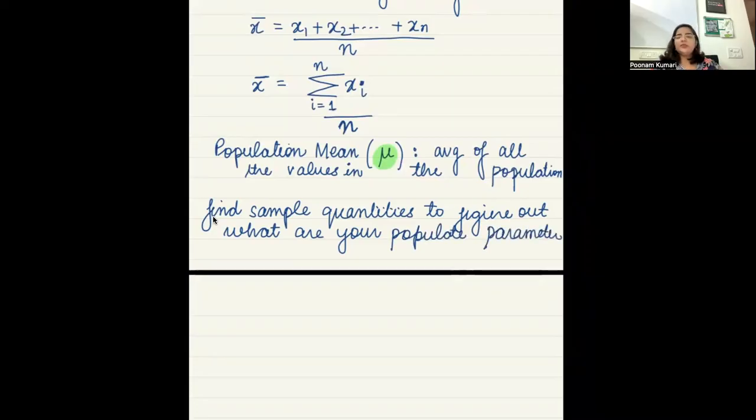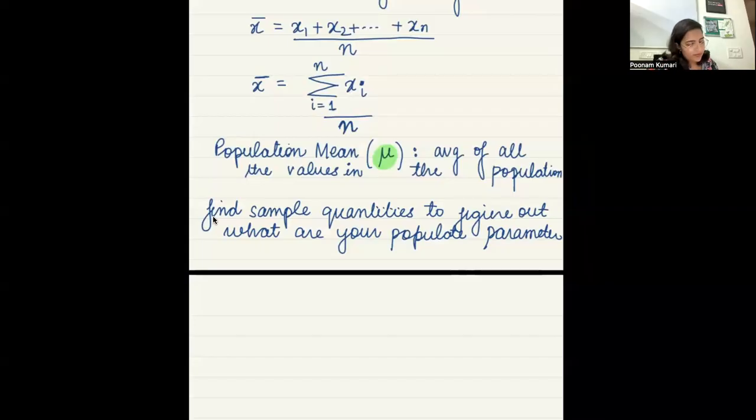Like what is the population mean? What is the population variance? What is the population standard deviation? We always want to know these things, but we do not have the population data, so we cannot calculate them directly. So we pick a sample and find the sample mean, sample median, all of these things and try to say, okay, this is the number which is closest to the population mean. That is my best guess. So whenever you try to guess something about the population, you call it a point estimate.